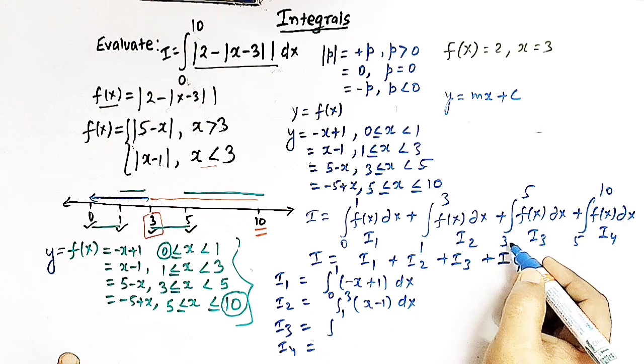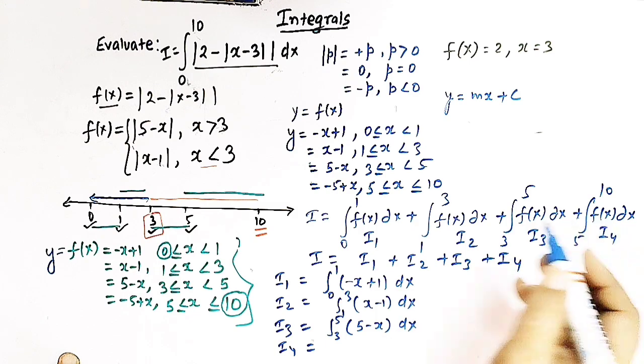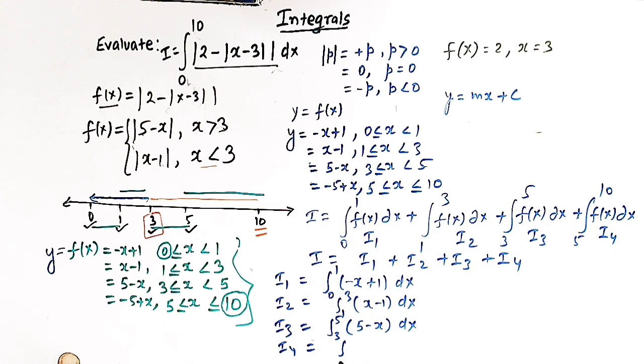And then we have I3, 3 to 5, and f of x is defined as 5 minus x dx. And I4 is from 5 to 10, and we have minus 5 plus x dx, right? So now we can easily calculate the values of these four integrals.